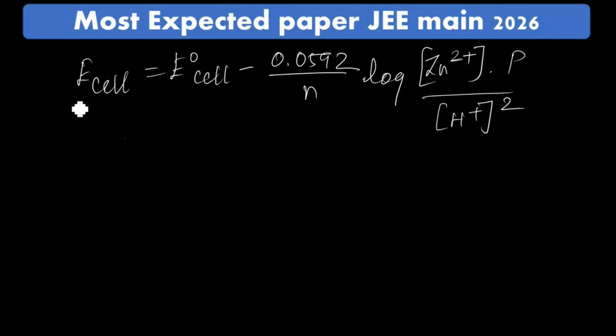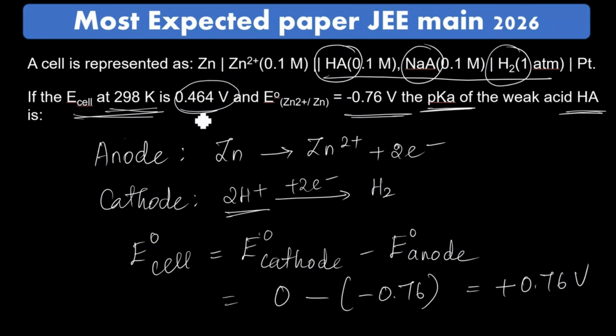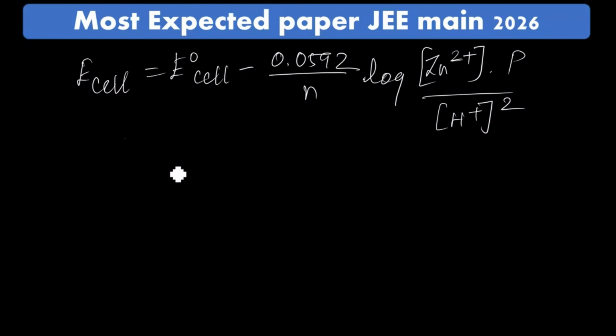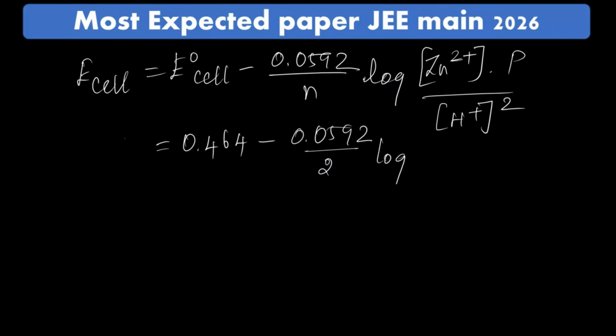Now let's substitute the values. E cell value is given as 0.464. So 0.464 minus 0.0592 by 2 electrons log of zinc 2 plus concentration, which is given as 0.1, and the pressure is 1 atm, divided by H plus concentration. I don't know it, I have to find it out.